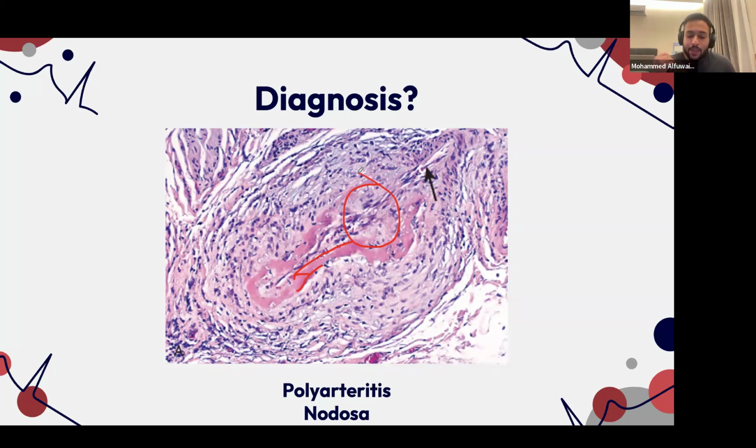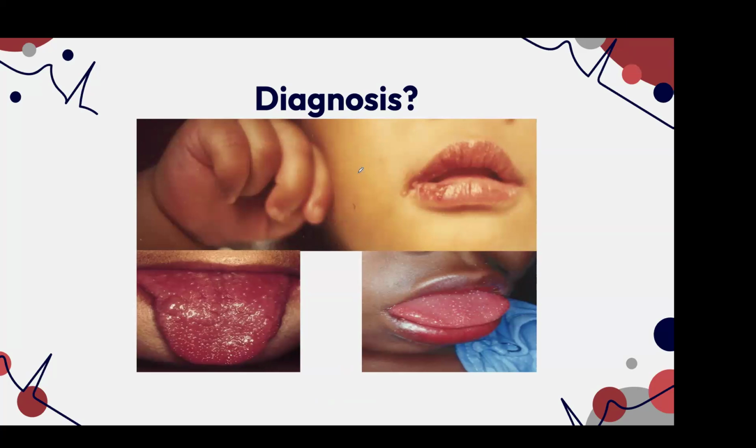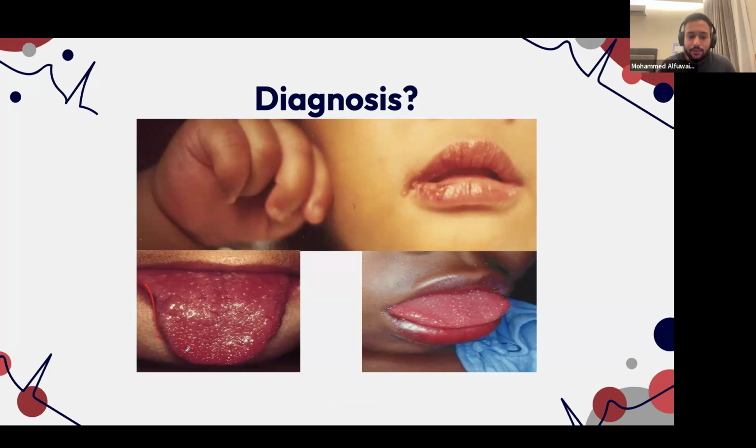Okay. What is the other medium vessel vasculitis presenting with these? Kawasaki. Kawasaki disease. What is this sign? Strawberry tongue. Excellent. Good. There's a mnemonic to remember signs and symptoms of Kawasaki.